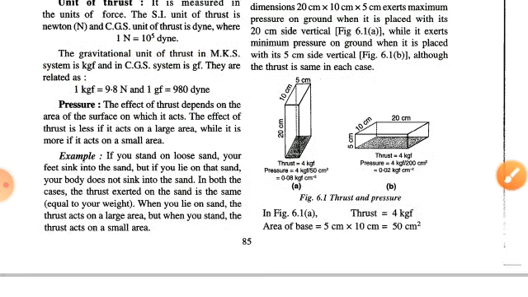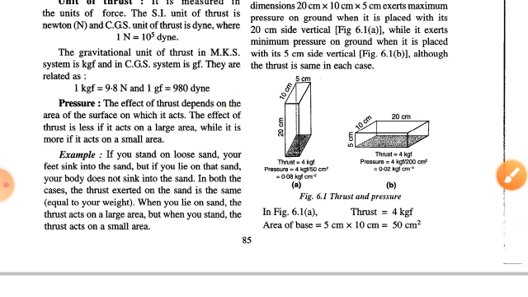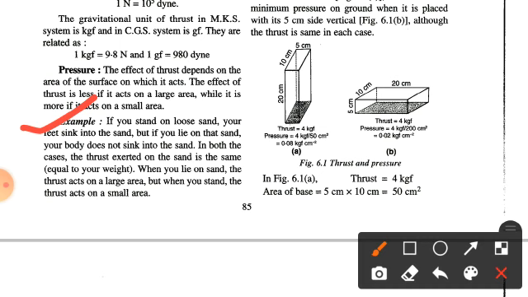Now if we talk about pressure, the effect of thrust depends on the area of the surface on which it acts. The effect of thrust is less if it acts on a large area, while it is more if it acts on a small area. Here you can see an example. If you stand on loose sand, your feet sink into the sand.